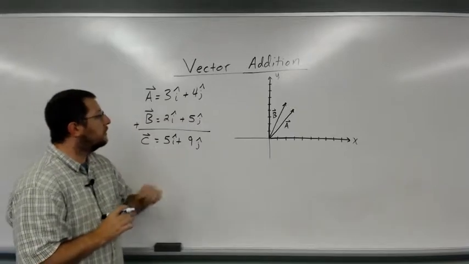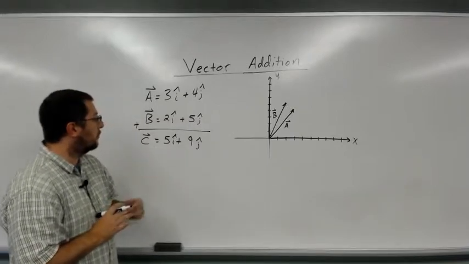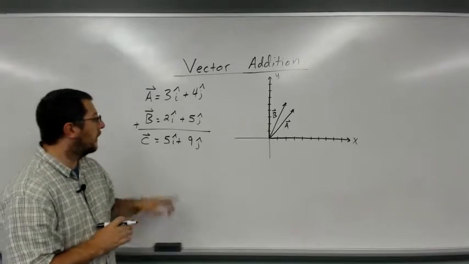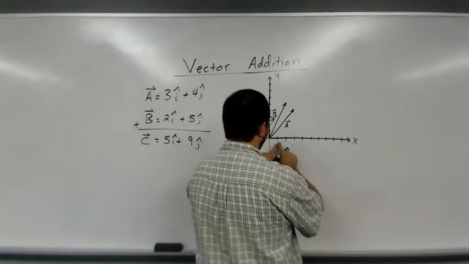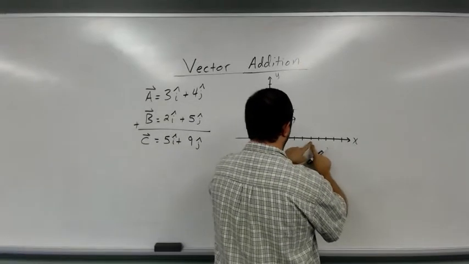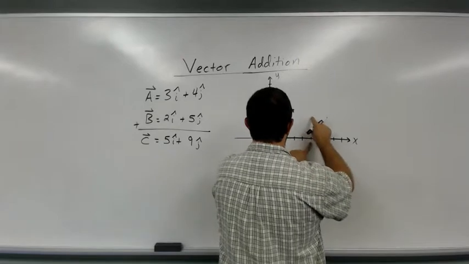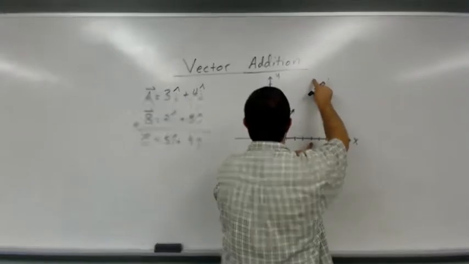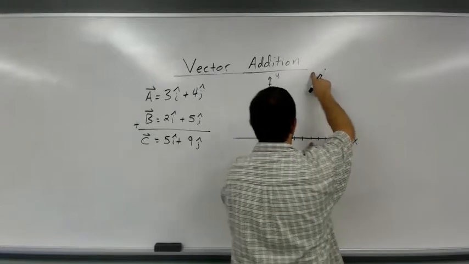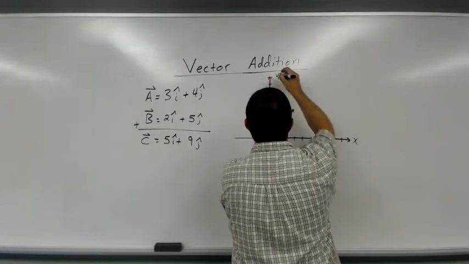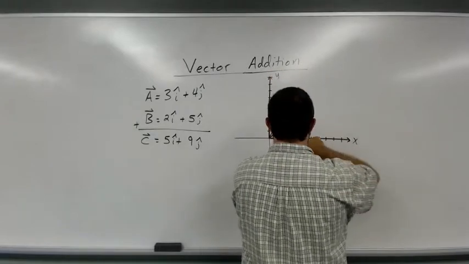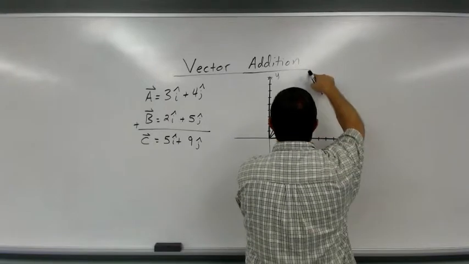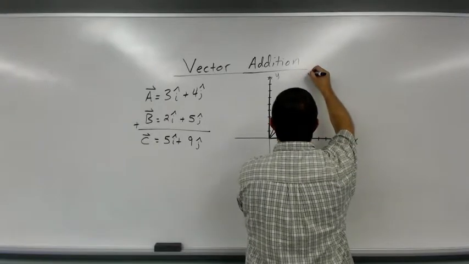And so if I were to plot my new vector, then I would go 5, and then up 9, and I need one more tick right there, up here.